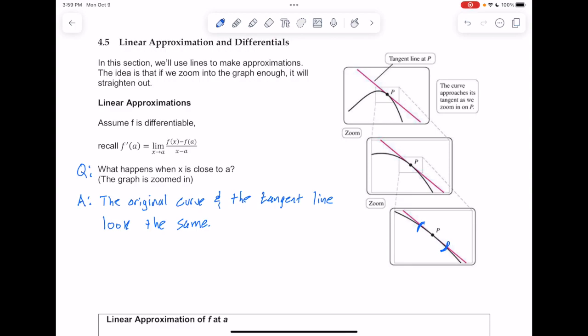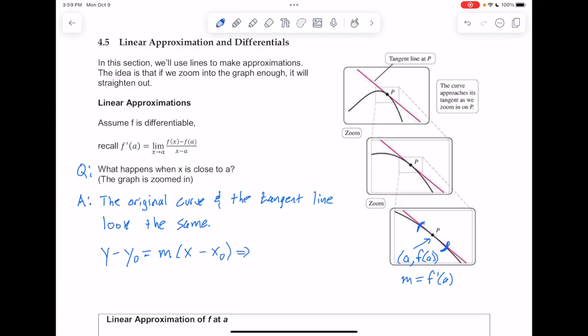So let's think about what the equation of the tangent line would be. Let's suppose this is our point right here and that it's at a, and therefore its y-coordinate would be f evaluated at a. And then the slope of the tangent line would be the derivative at that point. So what would be the equation of the tangent line? Well, we normally go y minus y0 equals m times x minus x0.